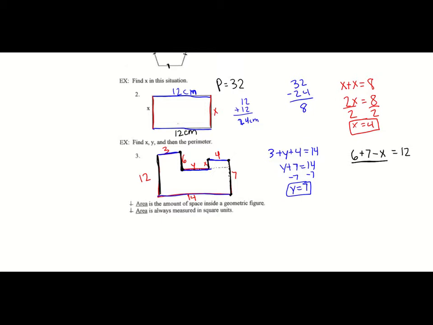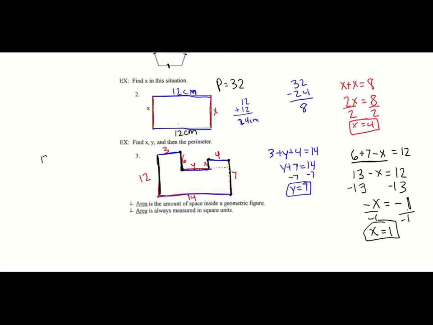Once we get this equation set up, we can solve for x. We have 13 minus x equals 12, minus 13. We get negative x equals negative 1. And divide by negative 1. x is 1. Okay, so now that we have x and y, we can add up all of our sides to find the perimeter.